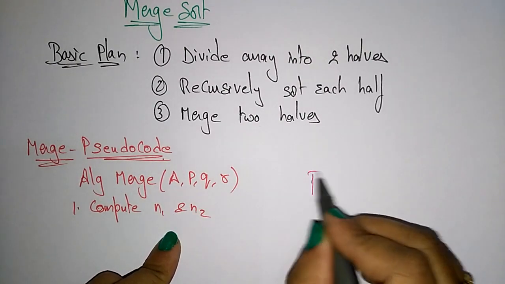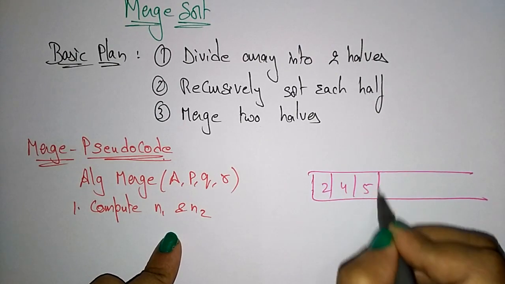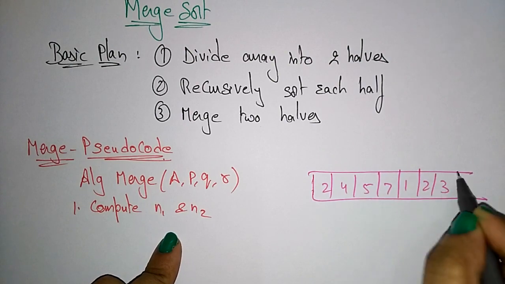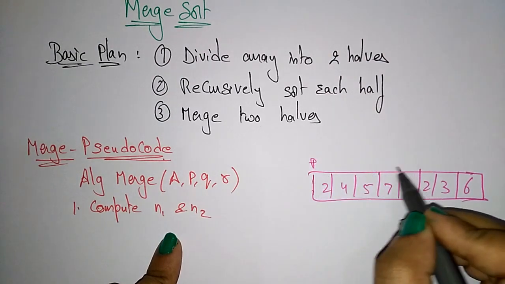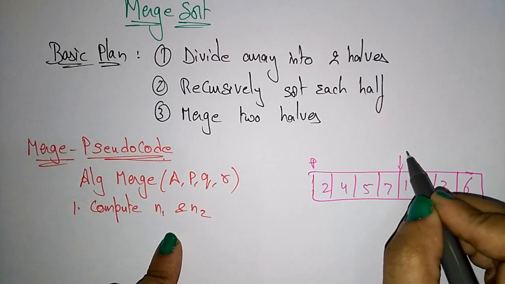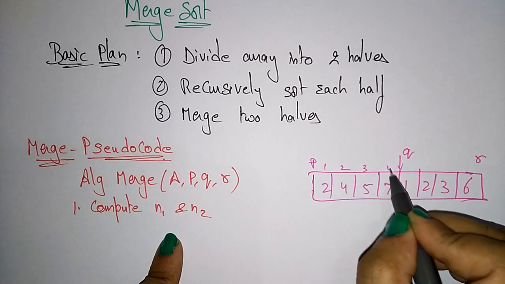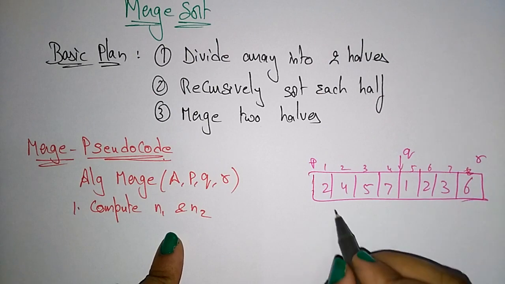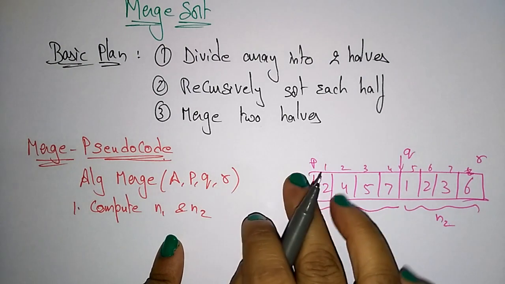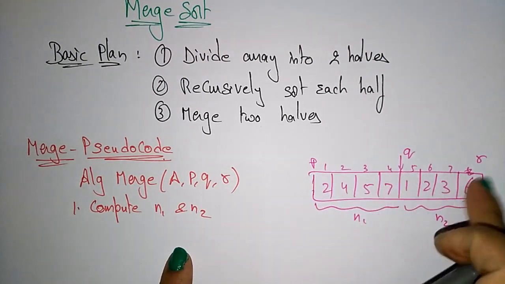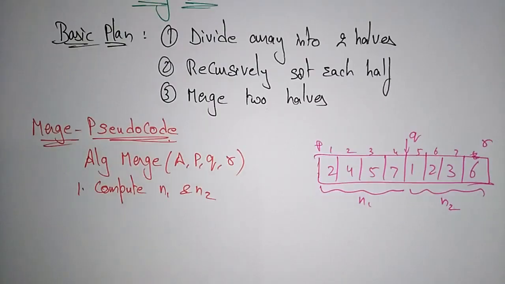Suppose the array consists of the elements 2, 4, 5, 7, 1, 2, 3, 6. This is an unsorted array. Let's take P as the start, the middle one as Q, and the end as R, with positions 1 to 8. This half is N1 and this half is N2. So the start is P, the middle is Q and the end is R, and first we compute N1 and N2.